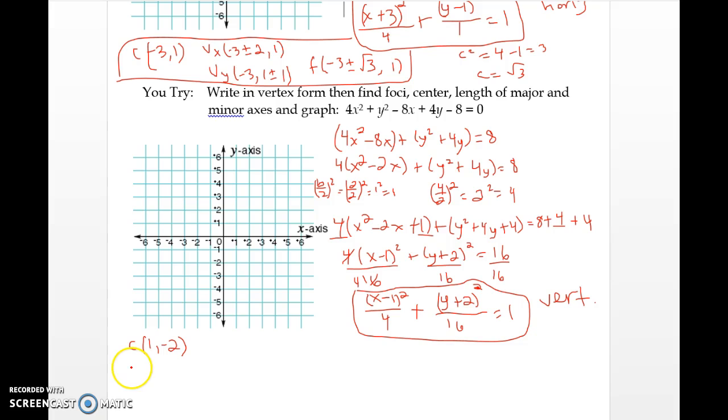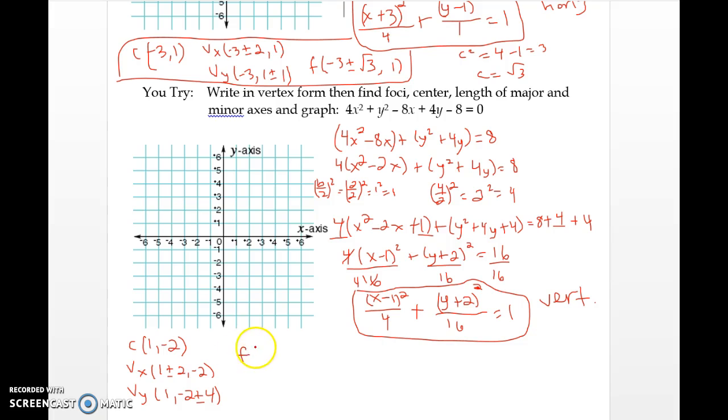I'm going to have my v sub x as 1 plus or minus the square root of 4 because 4 is under x, which is 2, negative 2. My v sub y is 1, negative 2 plus or minus 4, because the square root of 16 is 4, and that's under the y.